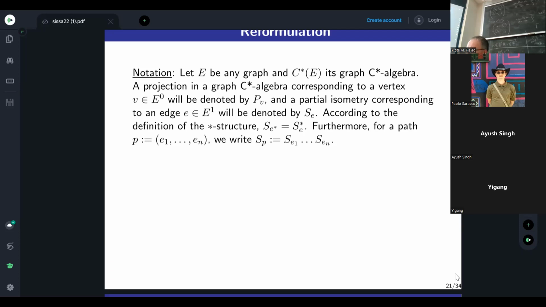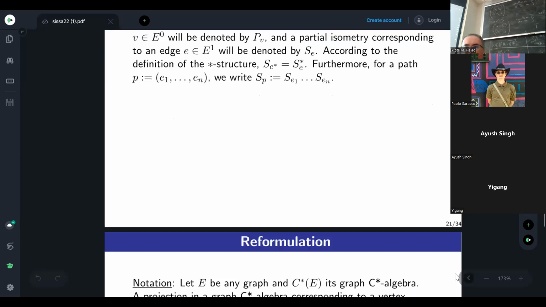Okay. So furthermore, whenever you have a path, so what is a partial isometry related to a path? Well, this is just multiplication by partial isometry. So S of a path from E1 to En is just a shorthand for writing SE1 times SE2 times SE3, and so on, up to SEn. This is just notation, okay?